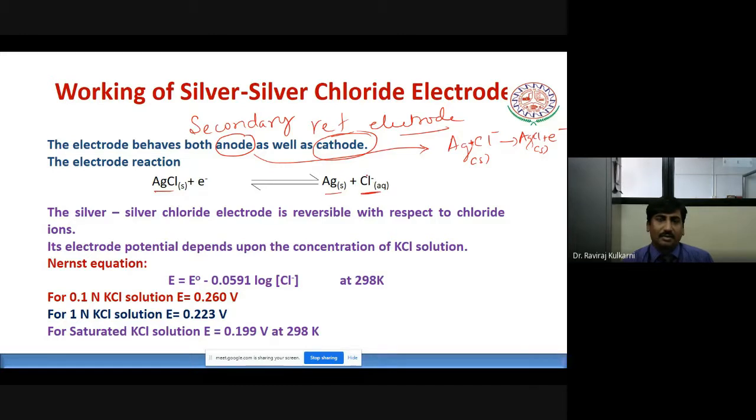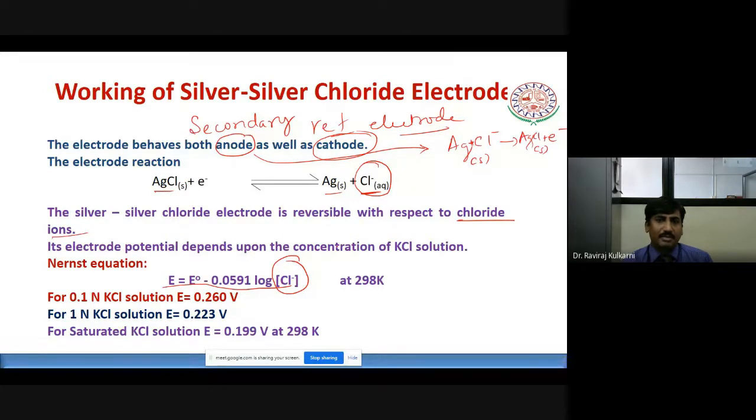Okay, so the calomel electrode and the silver electrode both are reversible with respect to what? Chloride ions. So if you derive the Nernst equation for this, you get the same equation again. You can try at home. The silver chloride electrode is reversible with respect to chloride ions.